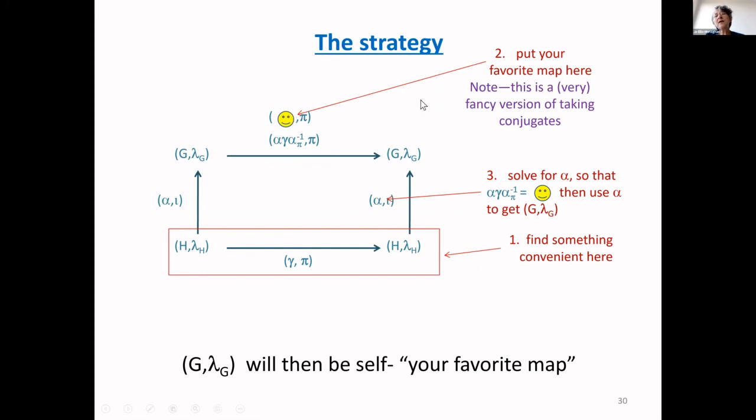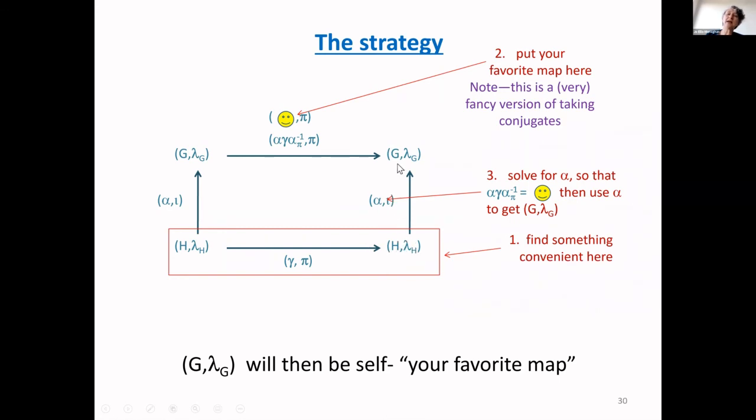And then you solve this business right here equal to the thing that you want. You solve that for alpha. And once you know the alpha, you already knew what H was from this nice thing down here.